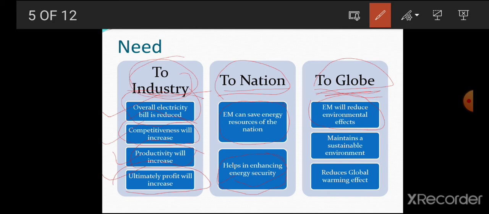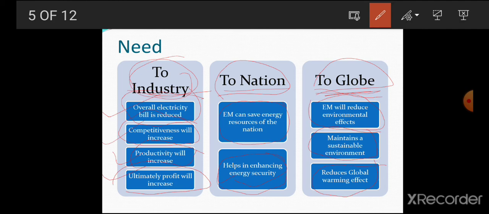So this is also an important point. Then it maintains a sustainable environment. This helps in maintaining a good environment where everyone can live, even animals and plants. And third, it reduces the global warming effect.